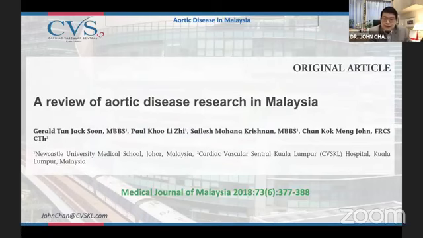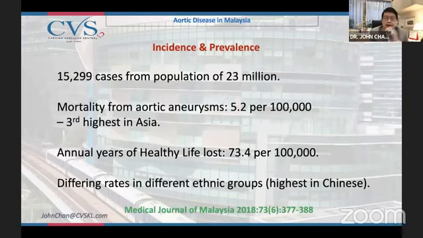So last year or 2 years ago, I was involved in this research study which looked at the incidence of aortic disease in Malaysia, and it looked at all the research which had been done on aortic diseases in the country. So we have some insights on this disease in the country.